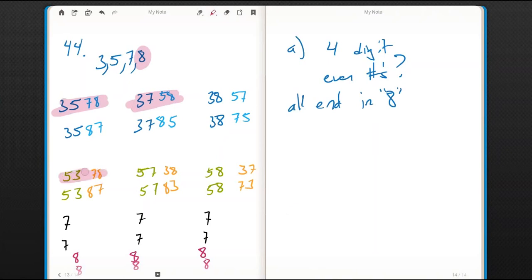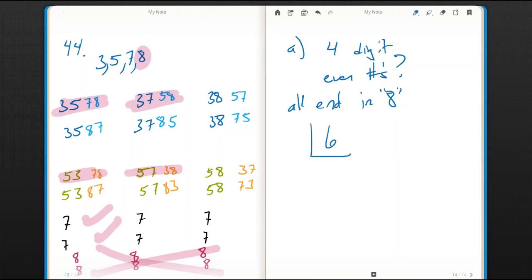There will be 2 in this group that end in an 8. There will be 2 in this group, don't know which 2 they are. There will not be any in this group that end in an 8 because 8 is the first number. So I know that there are 6 4-digit numbers that are even based on these 4 individual numbers to start with.